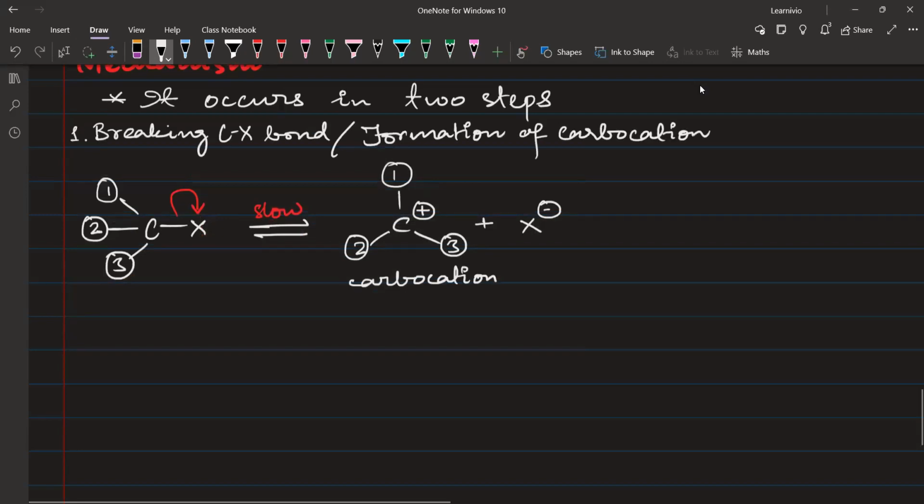Formation of carbocation. Okay. In the second step we can call this attack of nucleophile. Now we have the carbocation, which is like this.